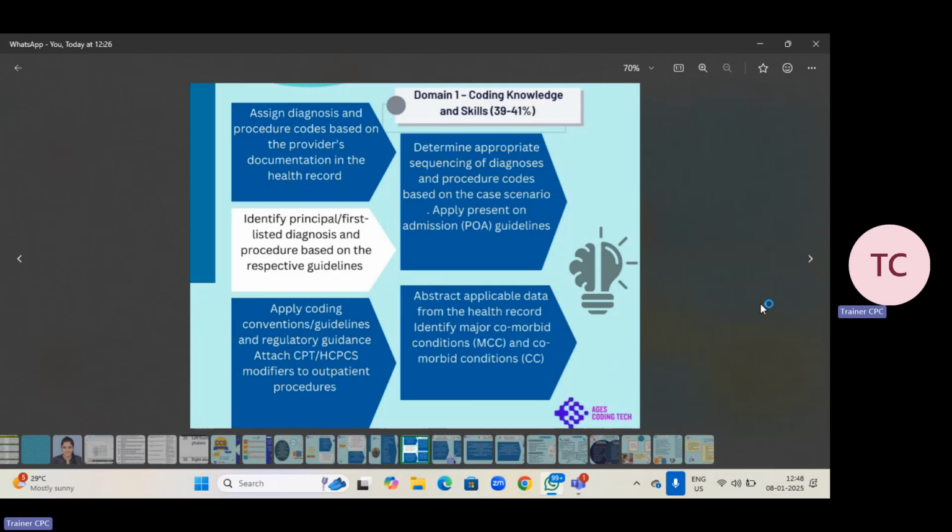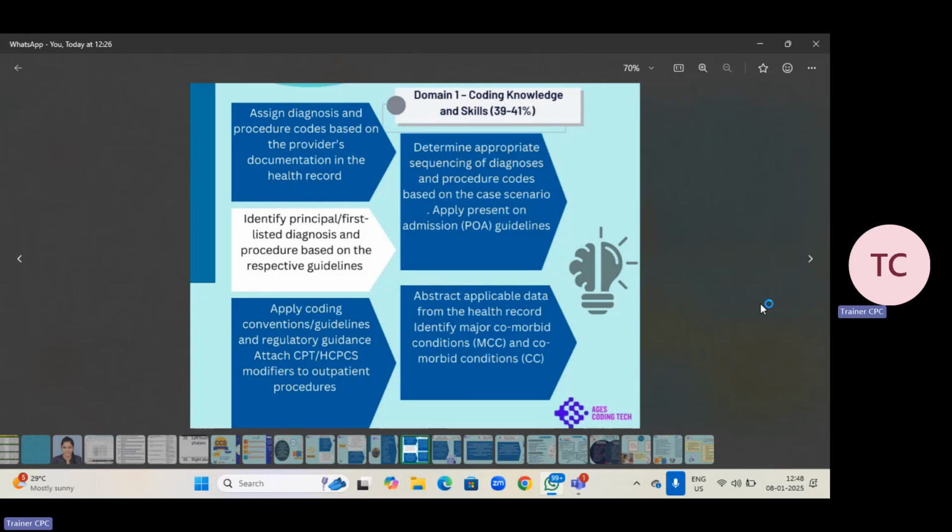percent of the questions. And next is applying present on admission guidelines. Present on admission is whether a condition was present during hospital admission or not, because some conditions the patient will develop even before hospital admission, but some conditions will develop only after the hospital admission.